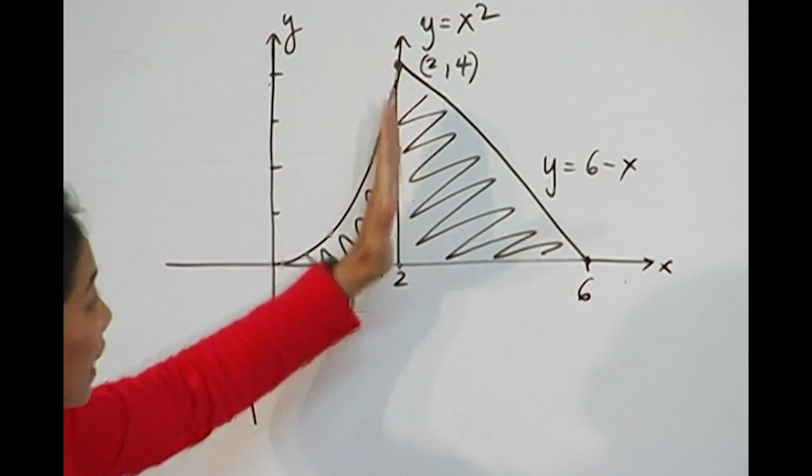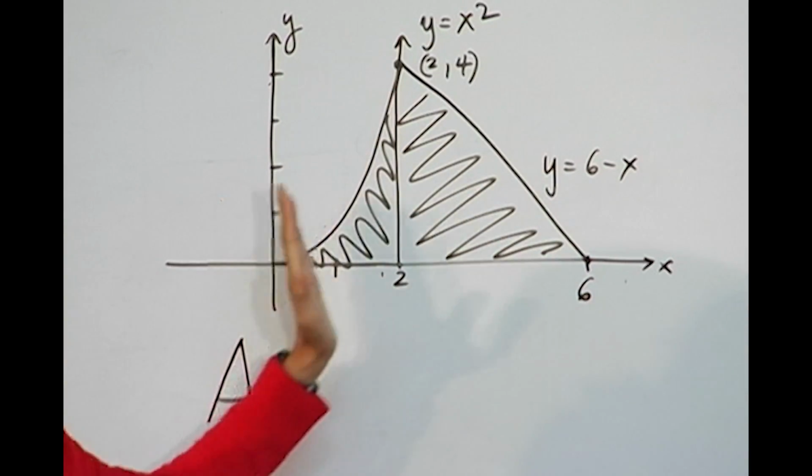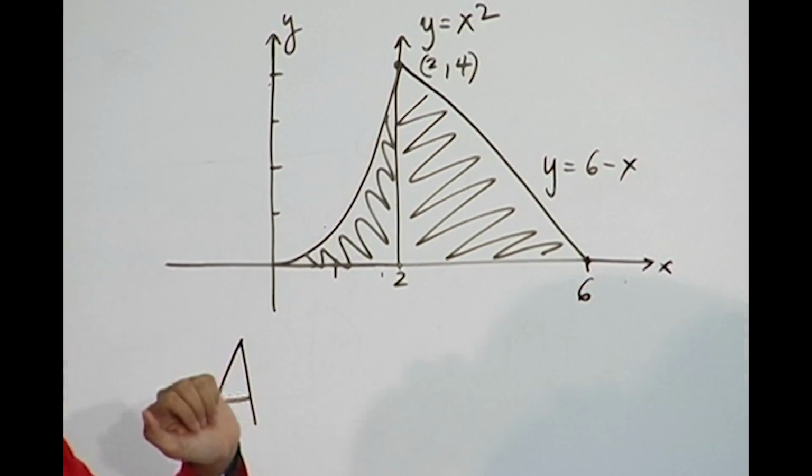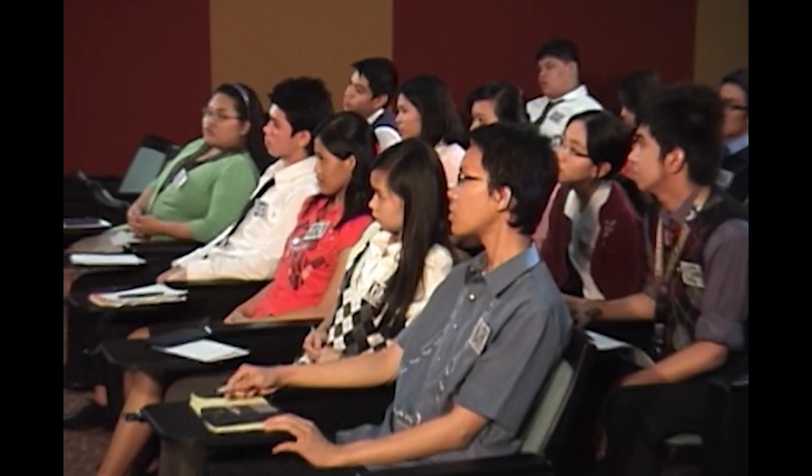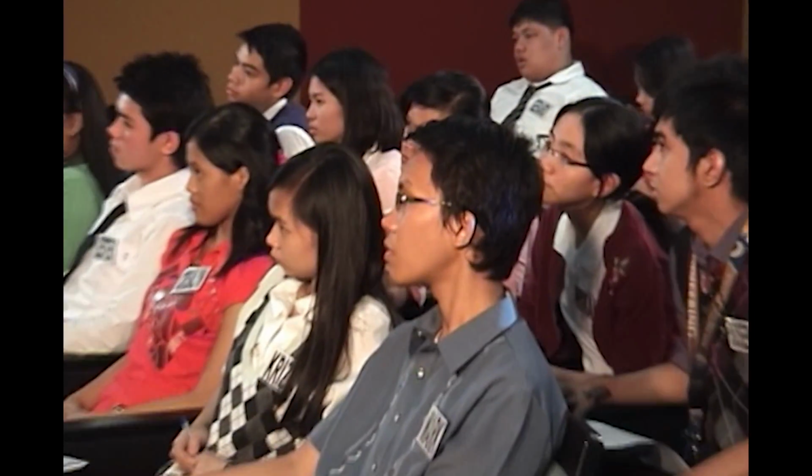That vertical line divides the region into two smaller regions, much like we had earlier. And the total area could be expressed by the area of this left-hand region plus the area of the right-hand triangular region. Right?